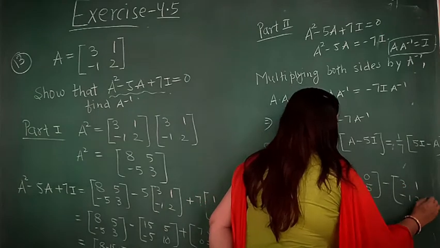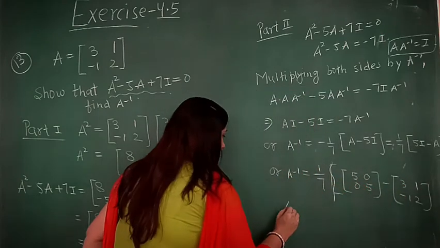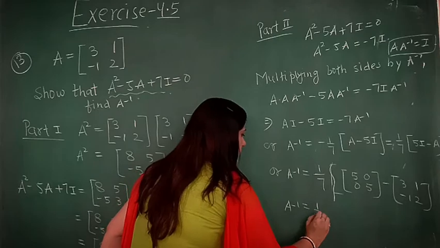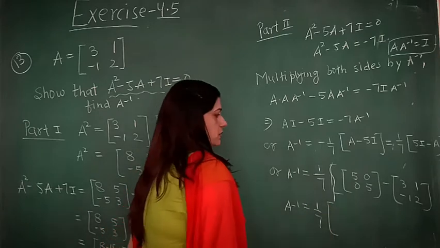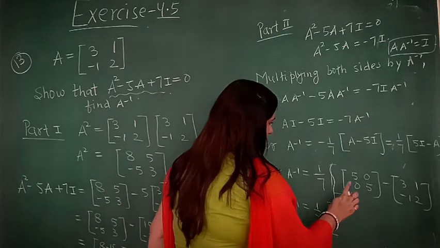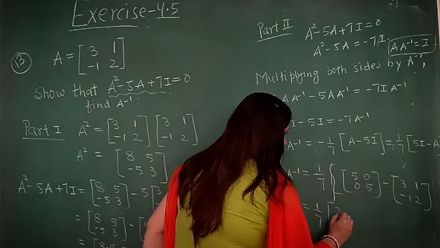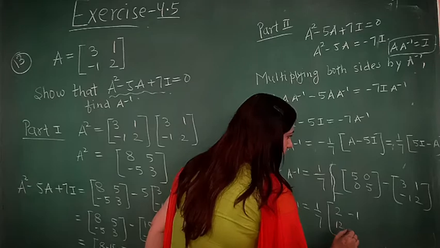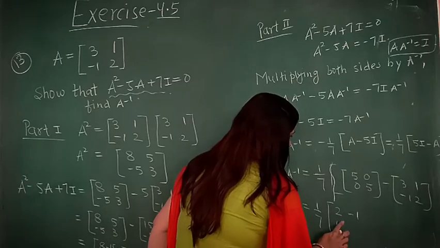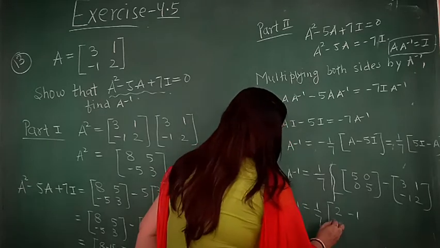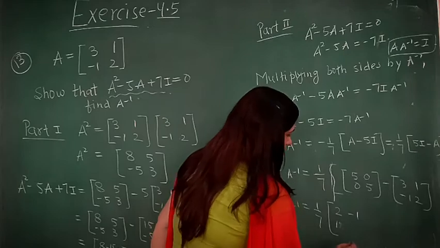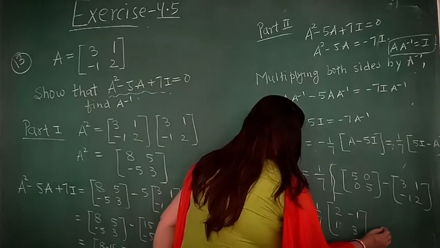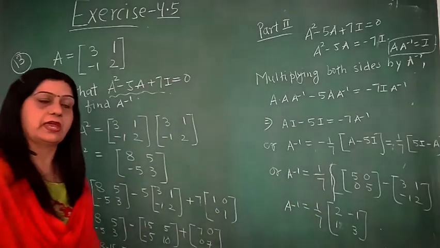So A inverse is equal to 1 upon 7. Now use this subtraction of matrices. 5 minus 3 you have 2, minus 1, then 1, and 5 minus 2, okay, 3. So this is the value of A inverse.